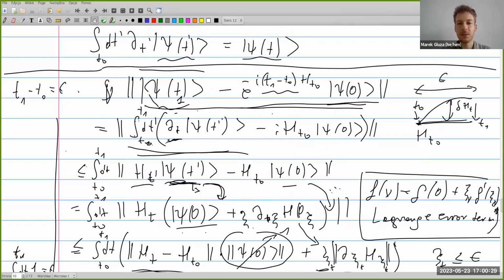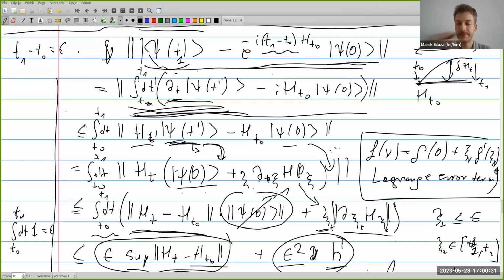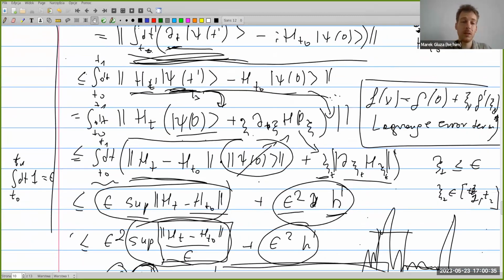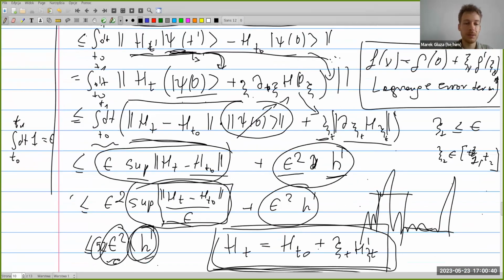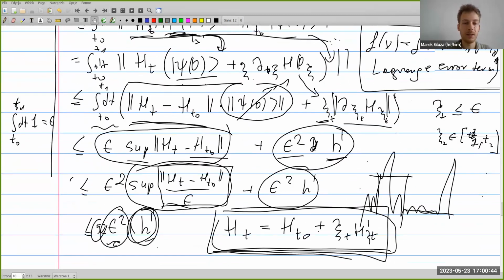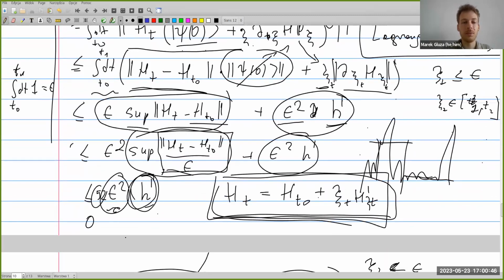Once I have this difference of the Hamiltonians, it goes and goes, and we're more or less done. And once we were happy with the bound being of the type O of epsilon squared on whatever interval of length epsilon, we insert that in telescoping and then you're done. As soon as you have that, then the telescoping is generic.